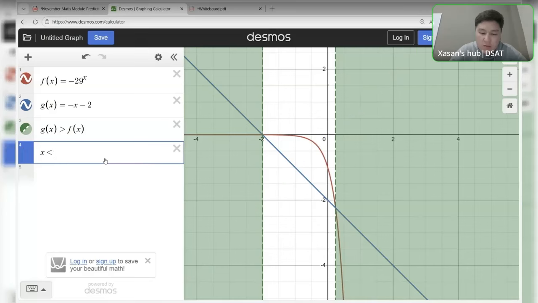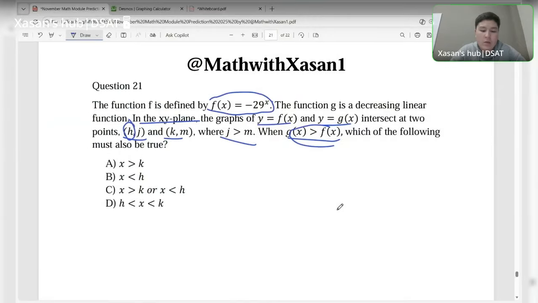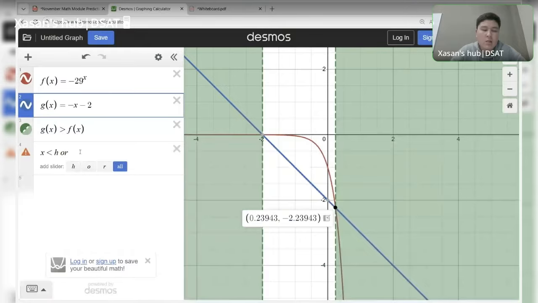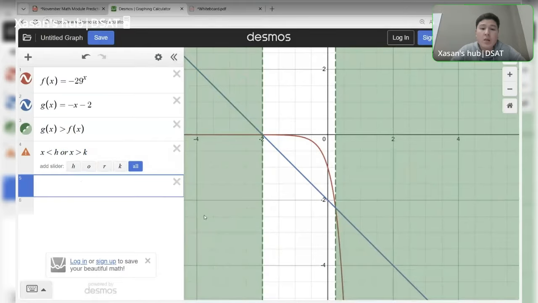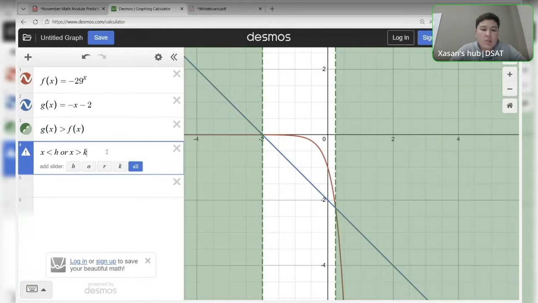Then this is the point k, and your x must be greater than k. These are the two intervals where g of x is greater than f of x. And then the final answer is C here.